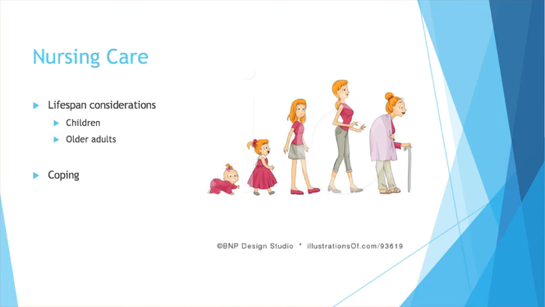They may also need a longer healing time, especially because they might have a lot of other comorbid conditions going along with it. And then you definitely want to help with coping. They are going to need, again, support. So finding out who their support system is, and then teaching them ways to cope with living with the disease.